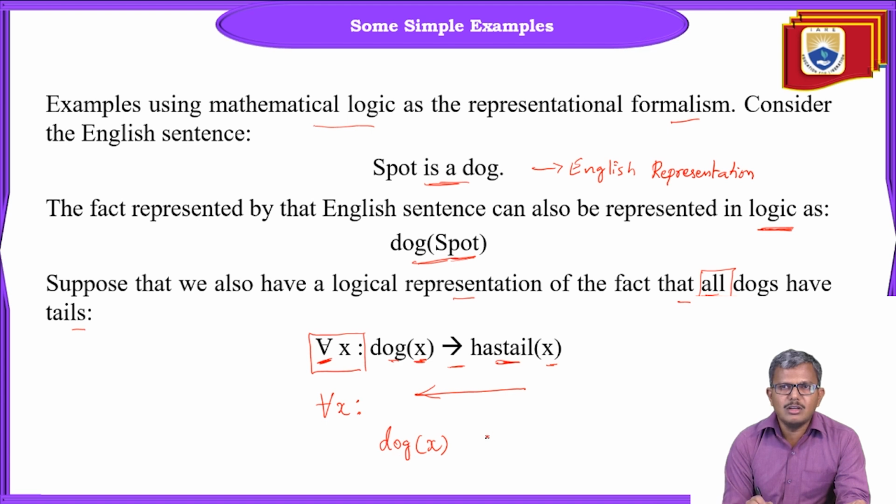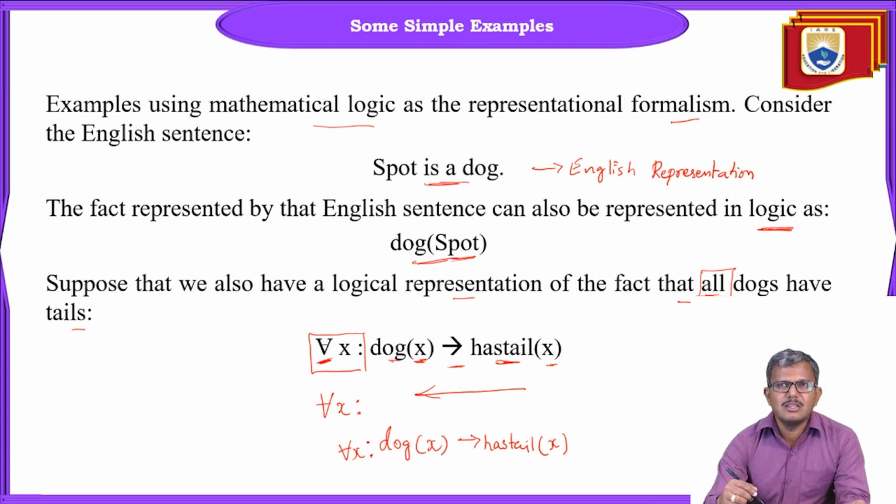The dog has a tail. Individually, has tail: to which one is it having the tail? To x. So what is x here? X is a dog. As we are talking about all the dogs, it should be for all x. So the representation will be like this.